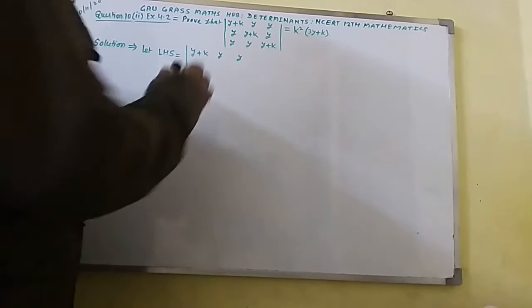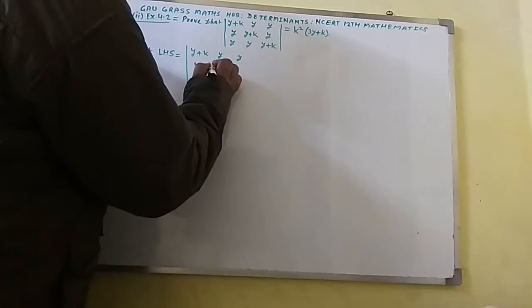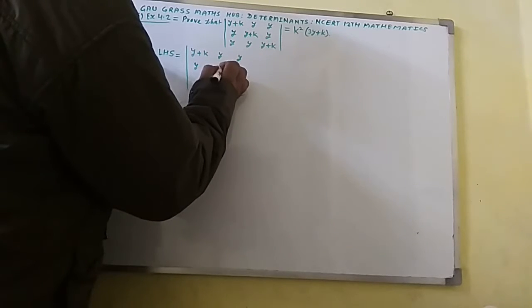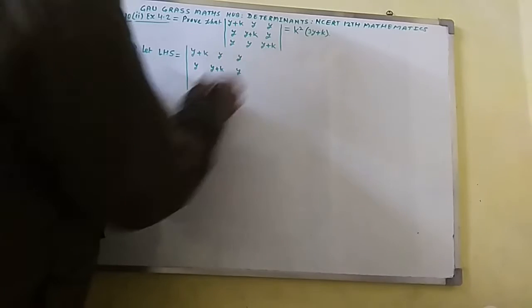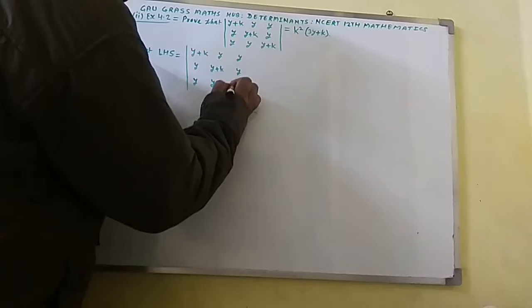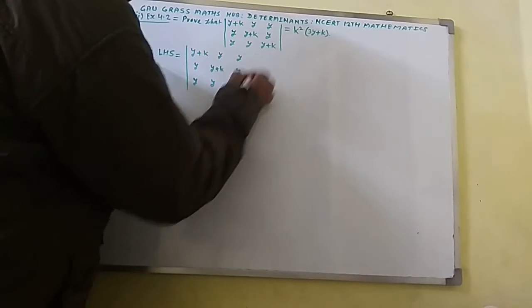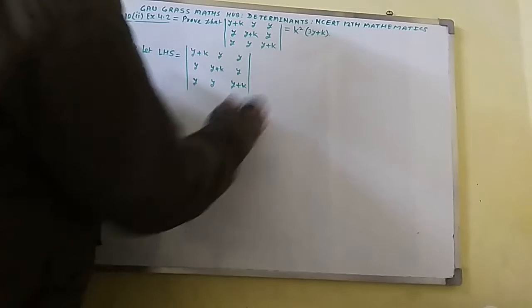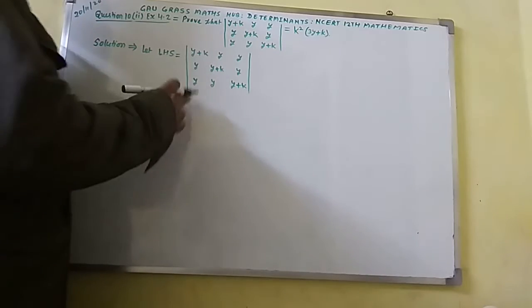The elements of second row y, y plus k, y. The elements of third row y, y, y plus k. Closing of that by a vertical line I have done here.